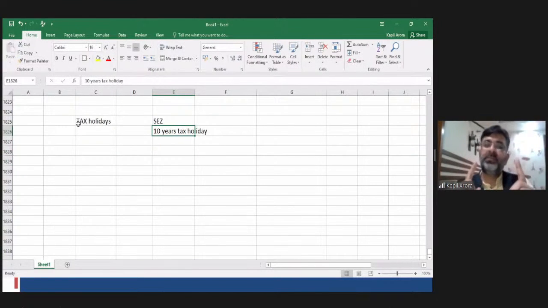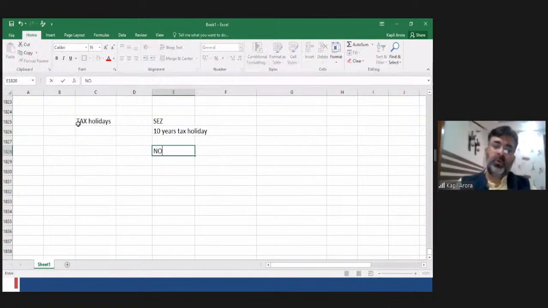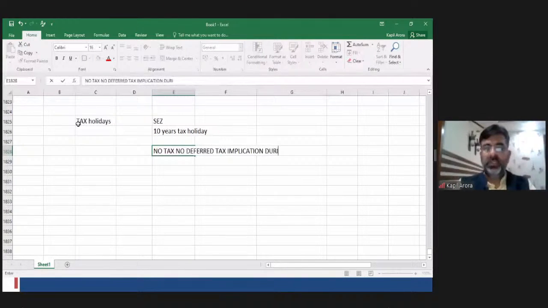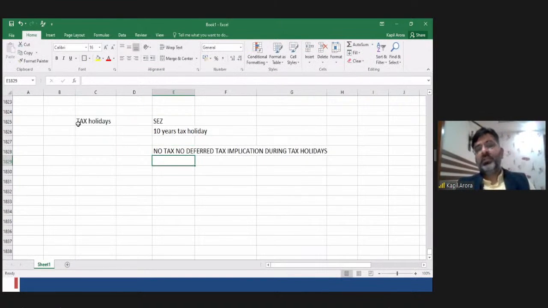Whenever the company is enjoying a tax holiday period, there is no deferred tax implication during tax holidays. So during tax holidays, nothing would be considered.